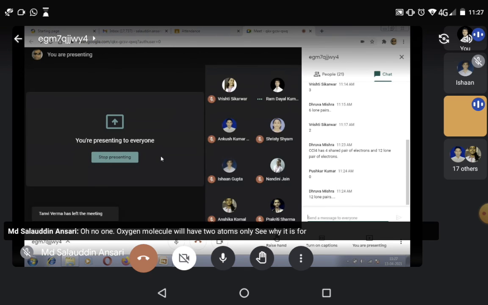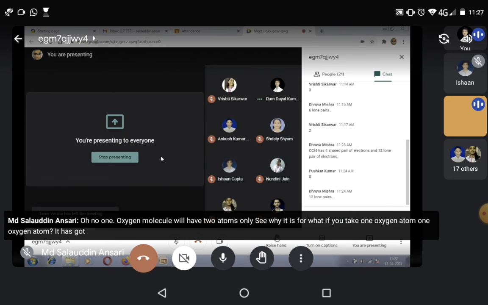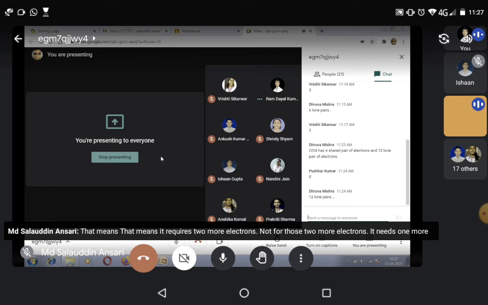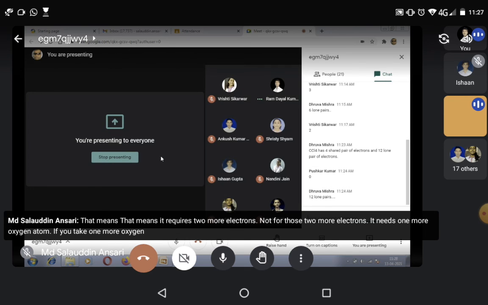If you take one oxygen atom, it has six valence electrons. That means it requires two more electrons. For those two more electrons, it needs one more oxygen atom. If you take one more oxygen atom, both the atoms will share their electrons and they will achieve stability. So two atoms are enough for providing chemical stability.